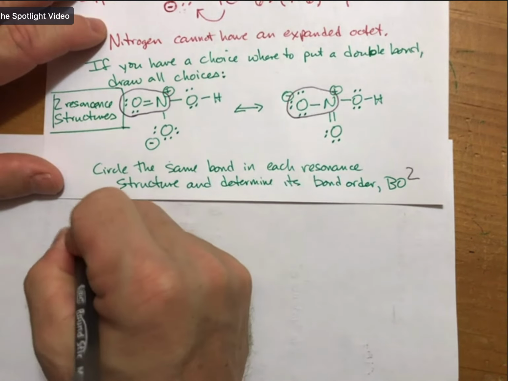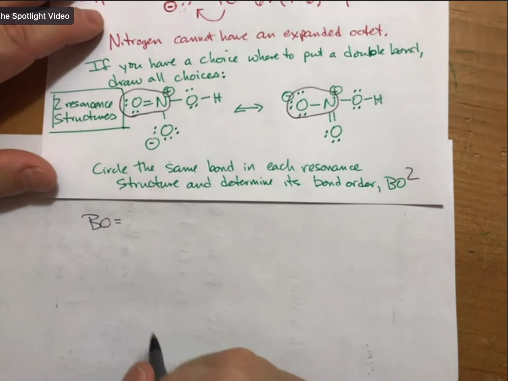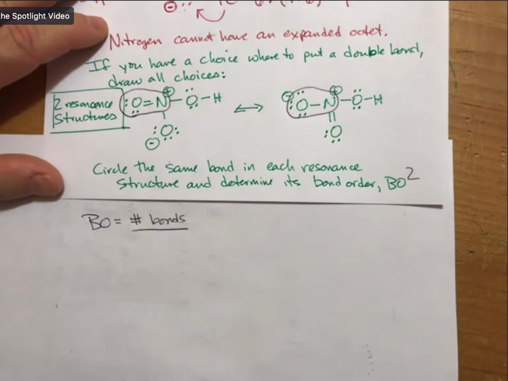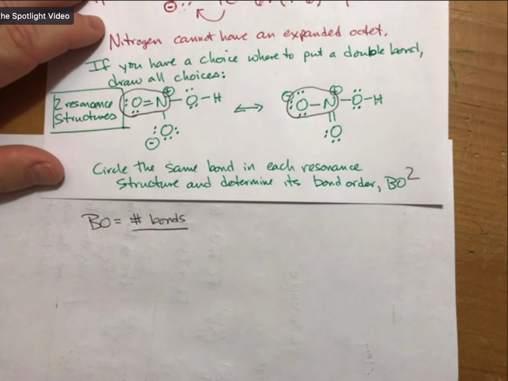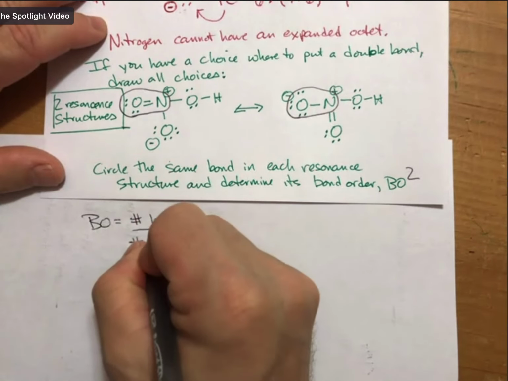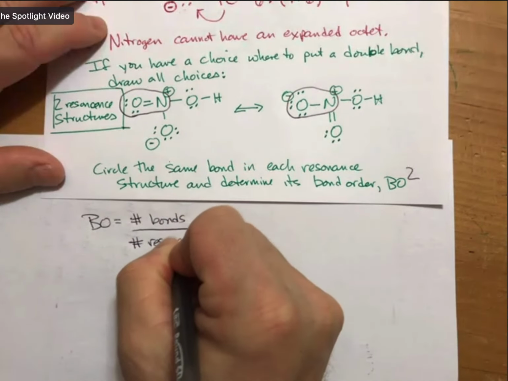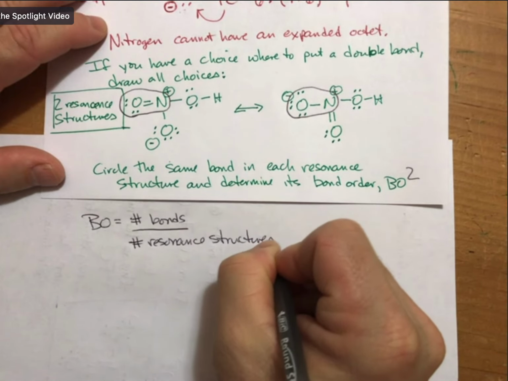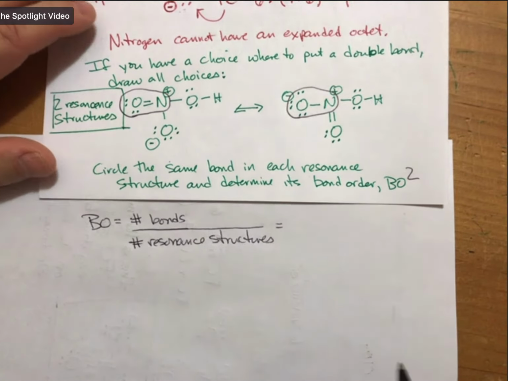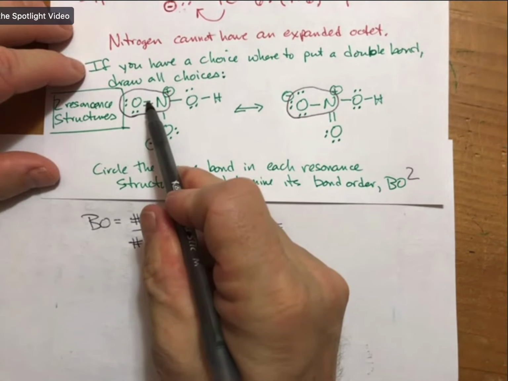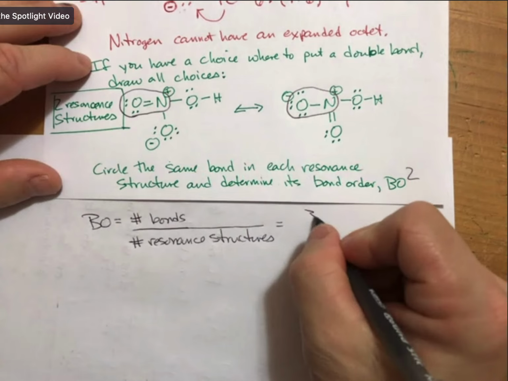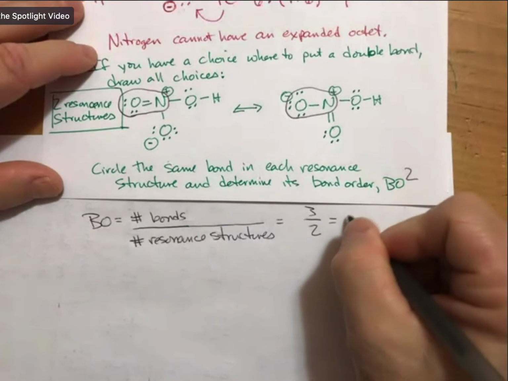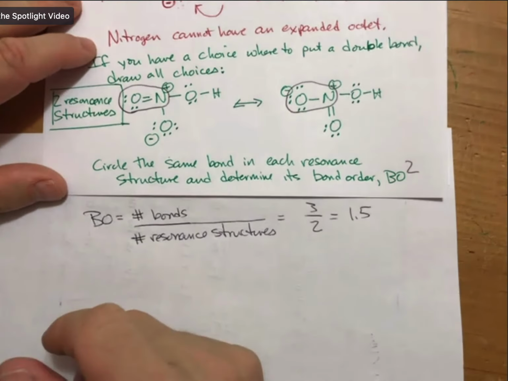So bond order is going to be equal to number of bonds divided by number of resonance structures. So I have 1, 2, 3 bonds. I have 2 resonance structures. My bond order is 1.5.